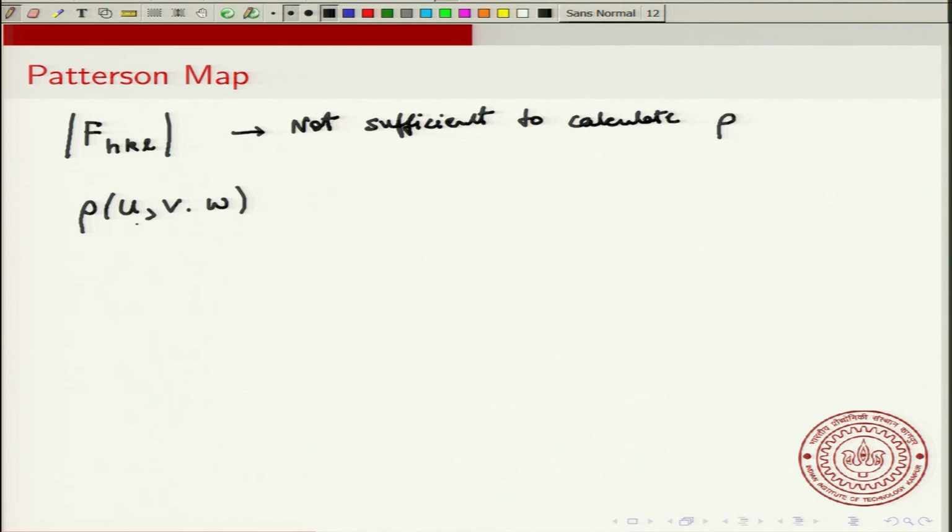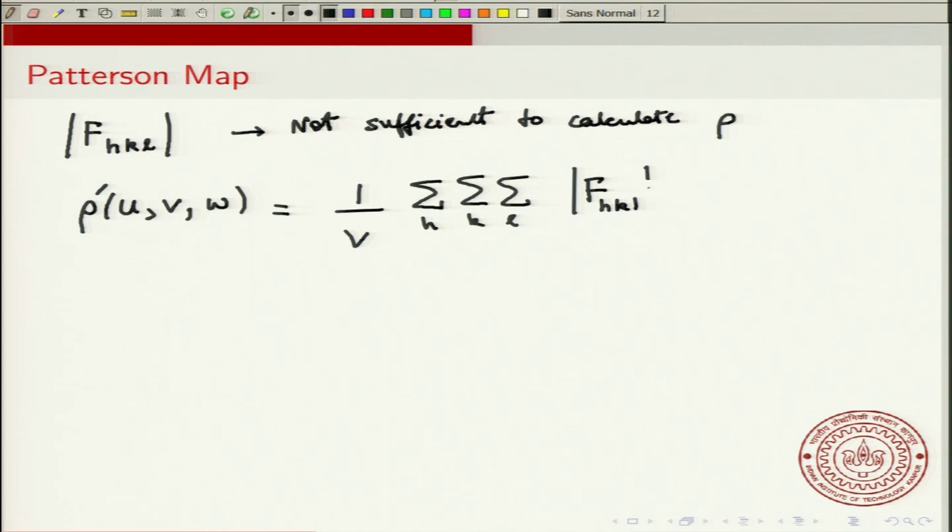This is not actually the electron density, but I will call it rho prime, and it is constructed in exactly the same way, sum over H, sum over K, sum over L. And now, instead of F of HKL, I use the absolute value of F of HKL squared, and cos 2 pi (H u plus K v plus L w).